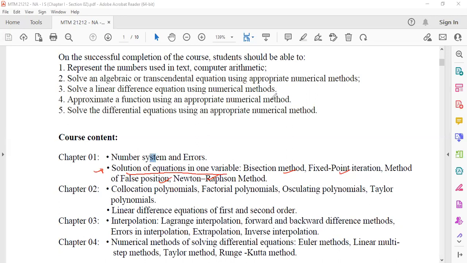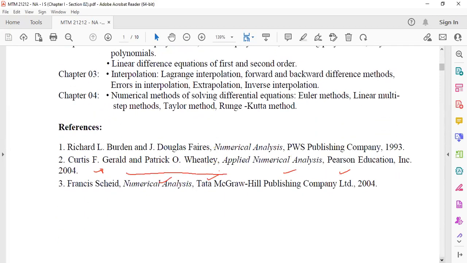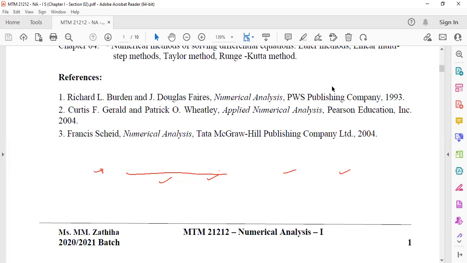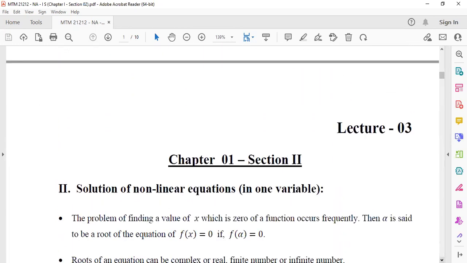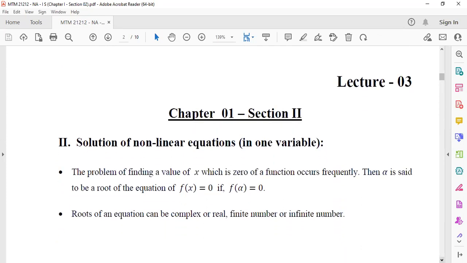So this is our lecture note 3. I have sent it to you already, so you can use that, as all your important things will be here anyway.